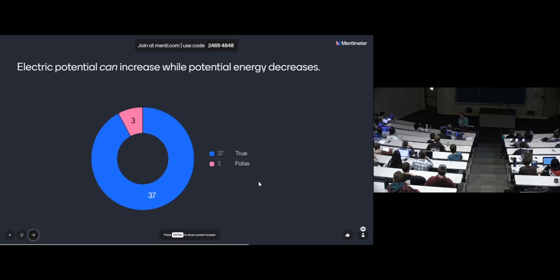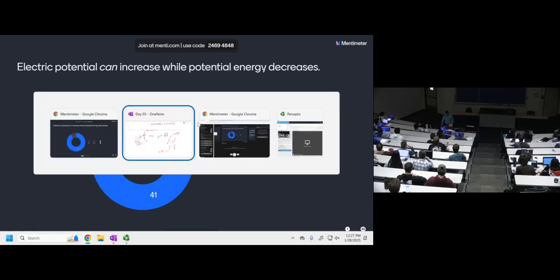Yep, negative that, but yes. Minus E dot dl. So then the sign would be determined by dl. dl is the determining factor in the sign. Yes, so this is a true statement, by the way. These two things you can increase.